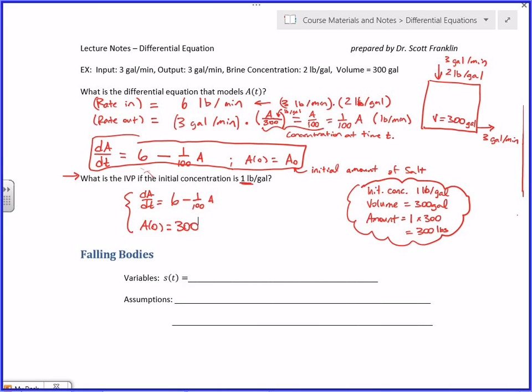Now, there are other types of models, even discretized models, where instead of modeling the amount of a substance by a continuous variable, you model it by discrete values. But that's a whole different field of study from differential equations. They're called difference equations, where your output variables are discrete instead of continuous.